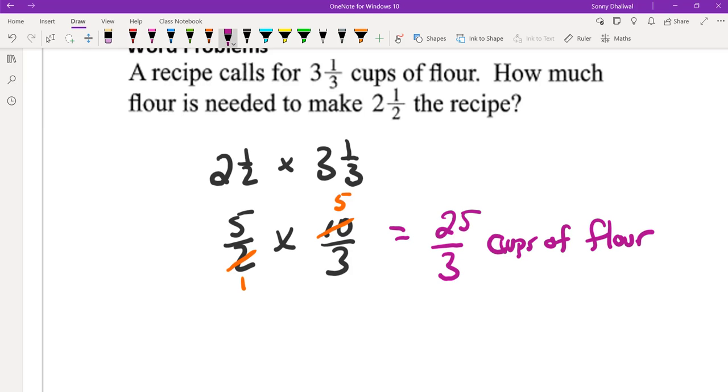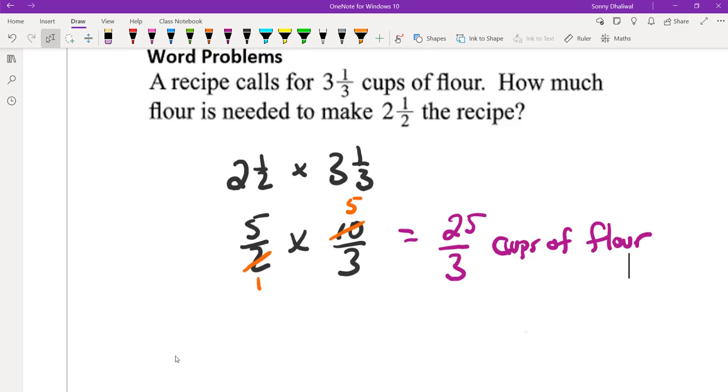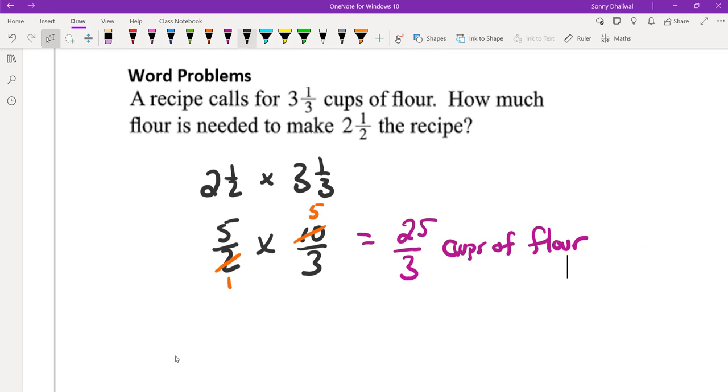25 over 3 cups. So if you did that as a decimal, 25 thirds, if you just go 25 divided by 3, you would need 8.3 cups, 8 and a third cups of flour. So a word problem needs a statement.